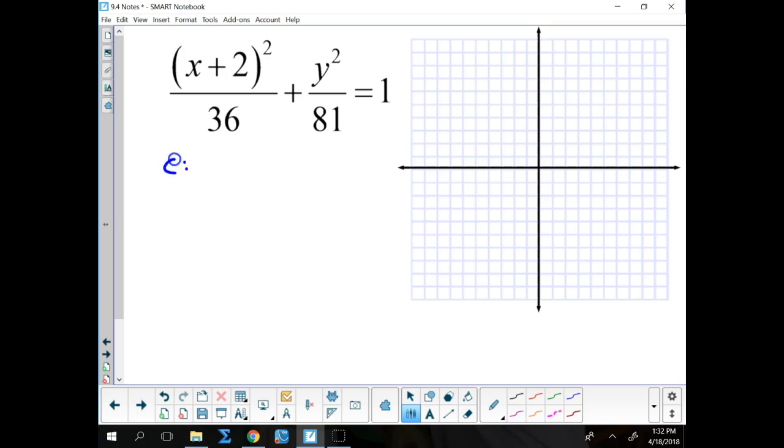Center. Negative 2 comma 0. Left and right. 6. Up and down.